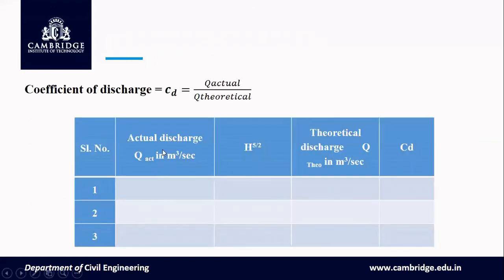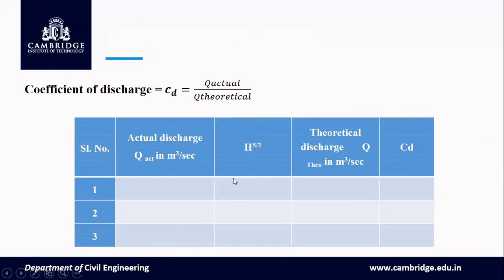Once you have calculated actual discharge and theoretical discharge, you can substitute in the final discharge expression, the quotient of discharge: Q actual to Q theoretical will give CD. After calculating all these values, tabulate the results here: actual discharge, H to the power of 5 by 2, theoretical discharge, and final CD values.